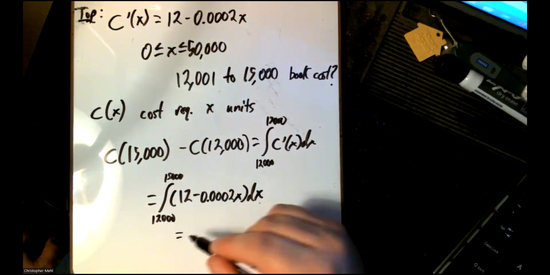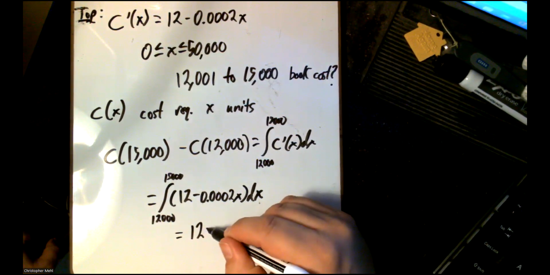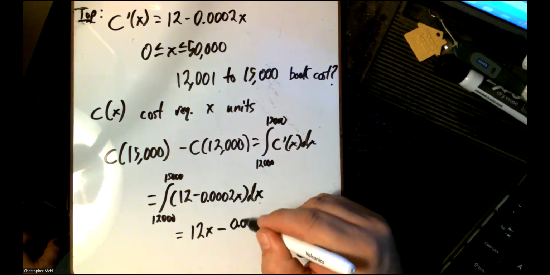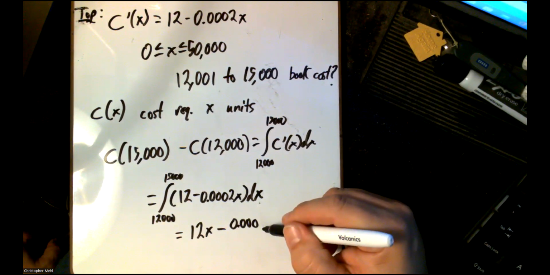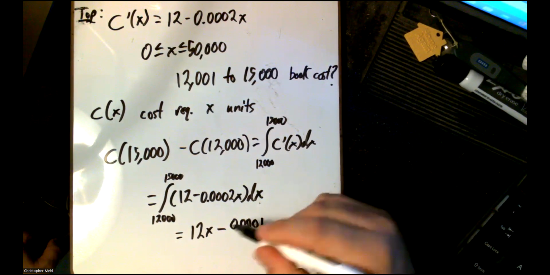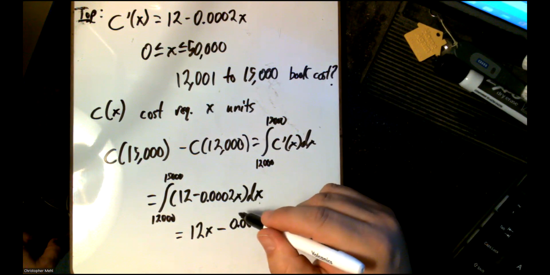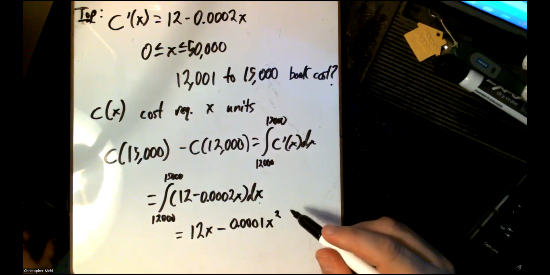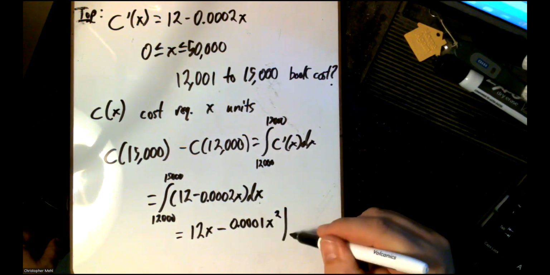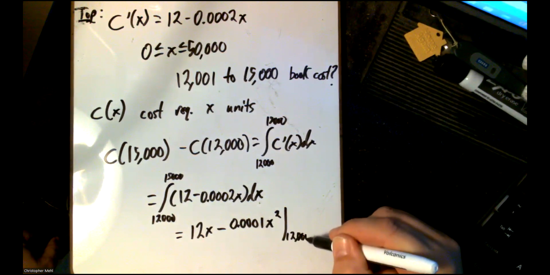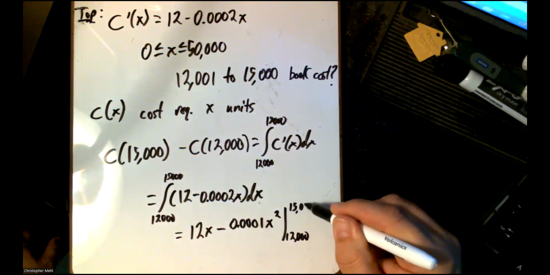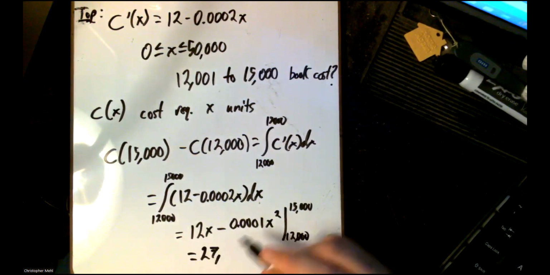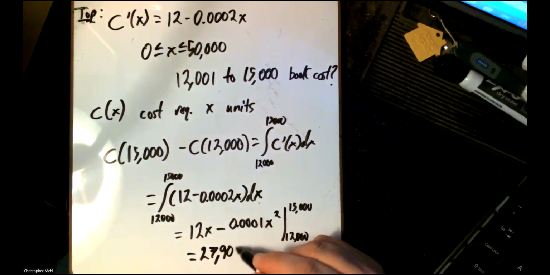That's a straightforward integral. 12x minus 0.0001, because it's 0.0002 divided by 2, x squared, and we evaluate that between 12,000 and 15,000. And that works out to be $27,900.